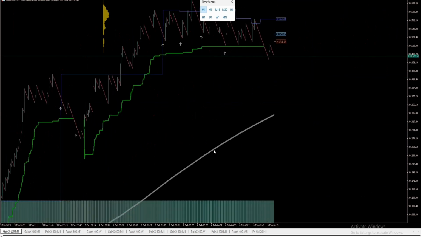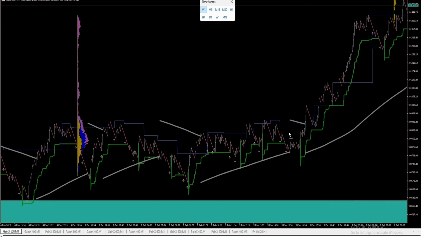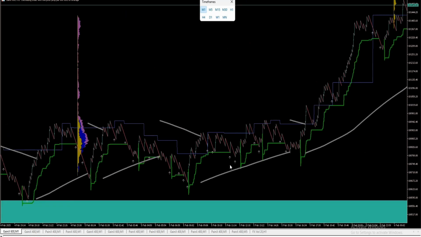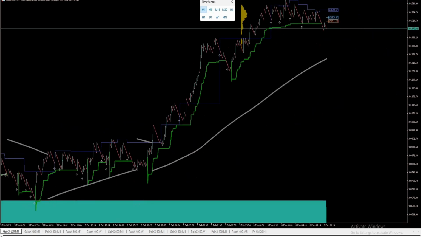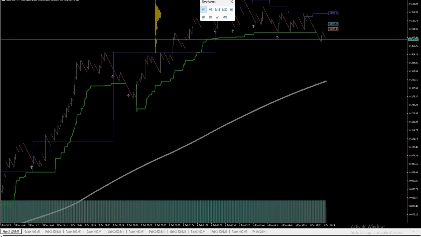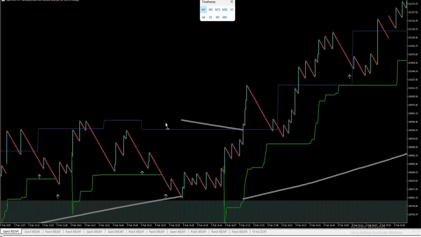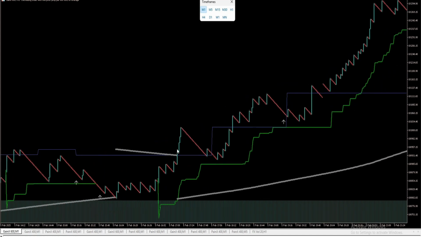Now what are the rules that you're going to use for your trade entry and your trade exit? Let's start from exactly where it is, which is this point. Now the first rule is that you see this line, this is the parabolic SAR line, the original parabolic SAR line, which is the gray line. You're going to make sure that current price is above the gray line.